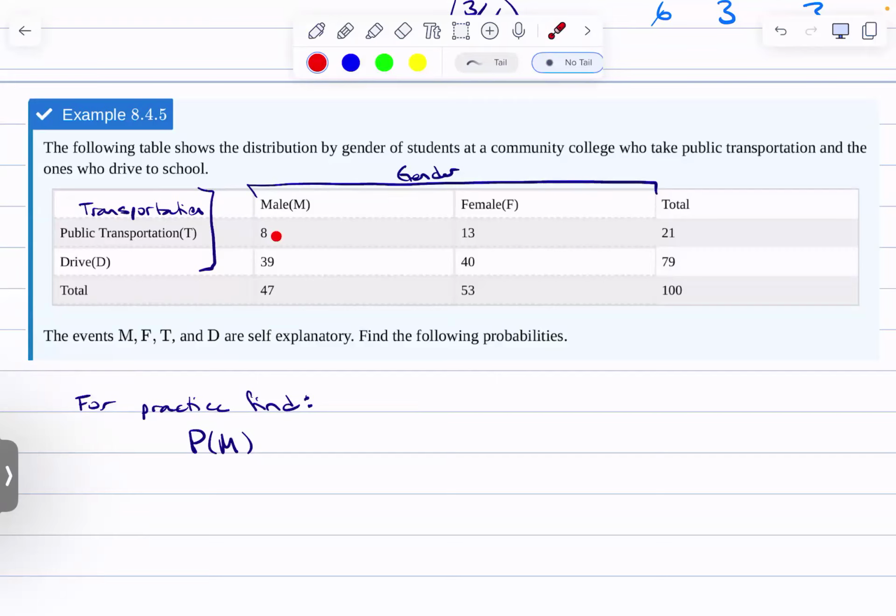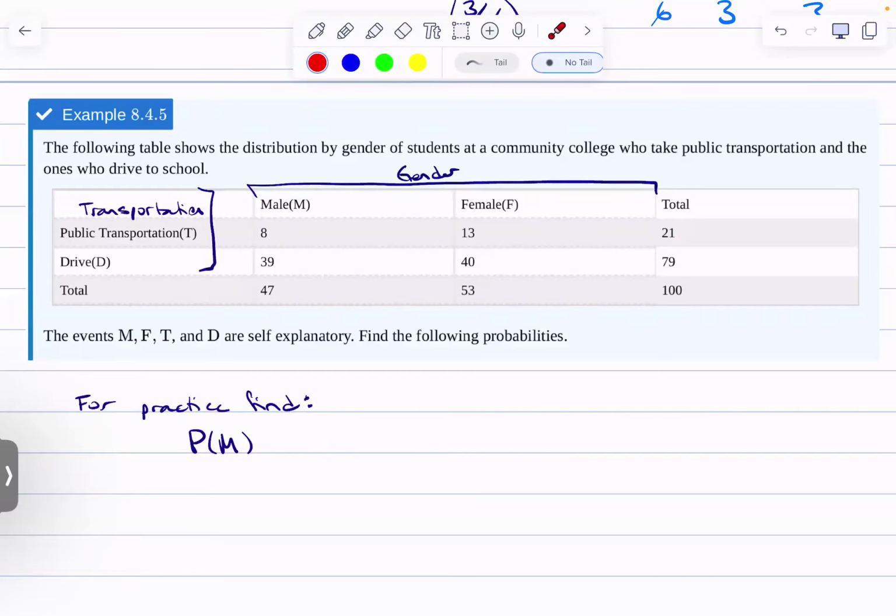How you read this is that there were 8 students who took public transportation and are male. There were 13 students who took public transportation and are female. Right? And then finally, 21 out of 100 took public transportation regardless of their gender.